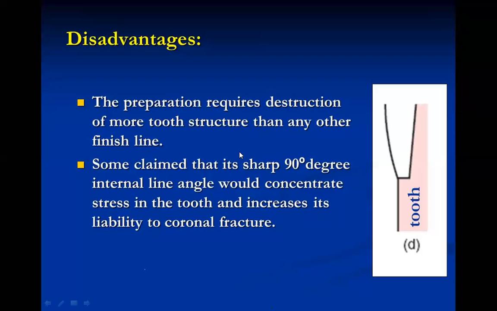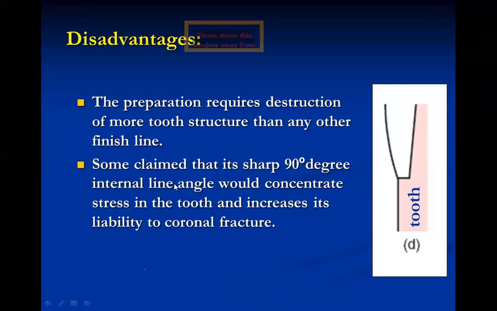What are the disadvantages of the preparation of such a shoulder finishing line? As we said, it needs more destruction of the tooth structure because of heavy cutting from the sound tooth structure to give such a finishing line.